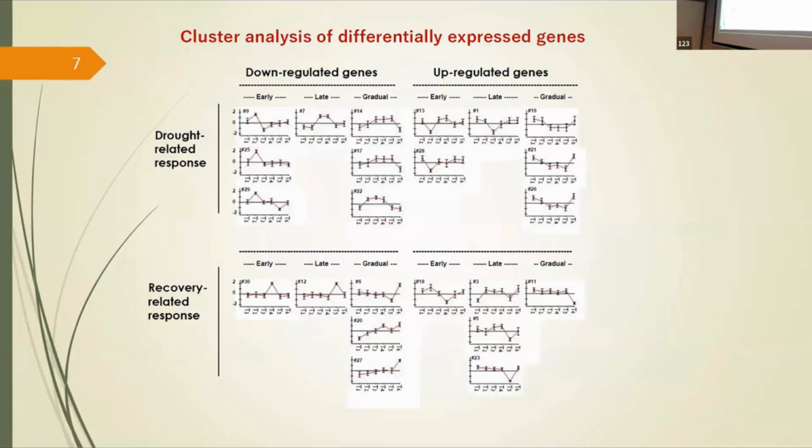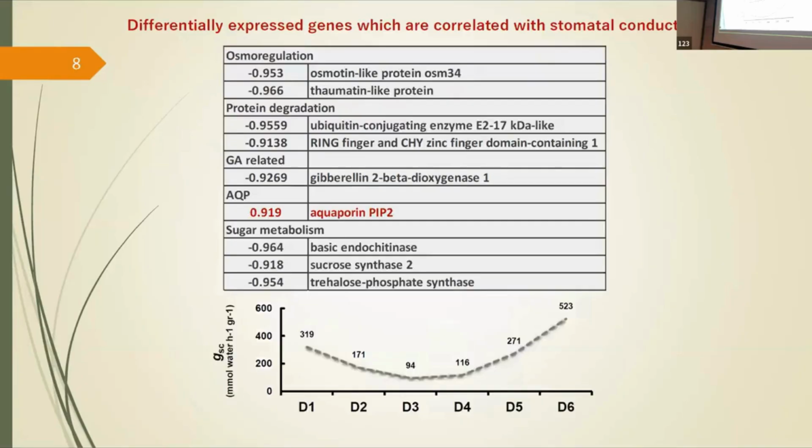And we took it one step further and tried to understand what genes are connected to a stomatal conductance response. So based on the lysimetric system, we know exactly what the stomatal conductance is along the experiment in the plants that were dried. And we follow this, we saw the same genes as you see in these tables, showing the same response of downregulation and upregulation.